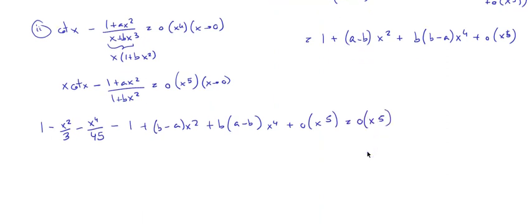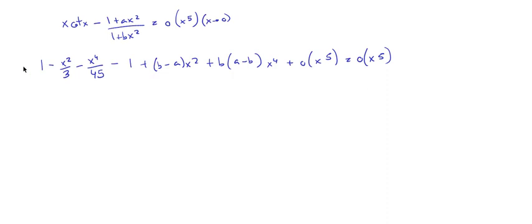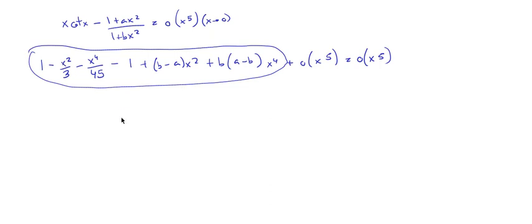So now if we want this thing to be exactly small o of x to the 5, this polynomial here has to be identically equal to 0. So that means that all of the coefficients have to be 0. Well, here we have minus 1 and 1 go away, and then the terms in x squared are minus 1/3 plus b minus a, which have to be 0, right?